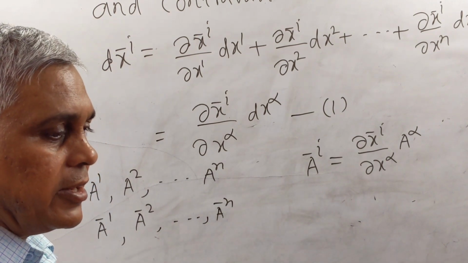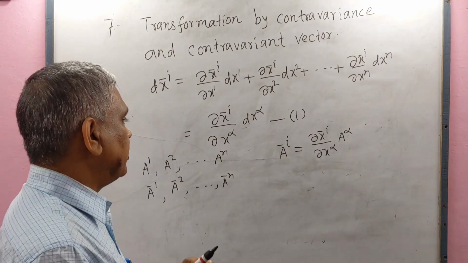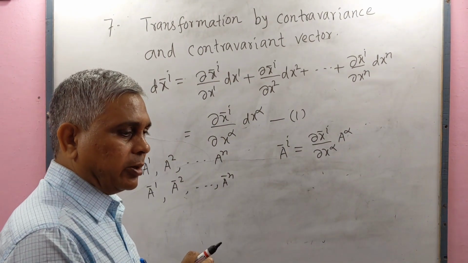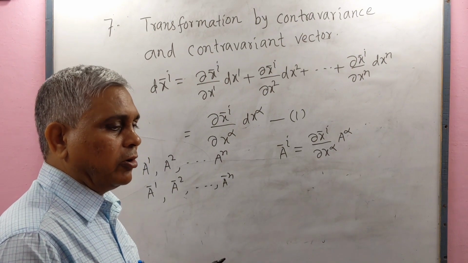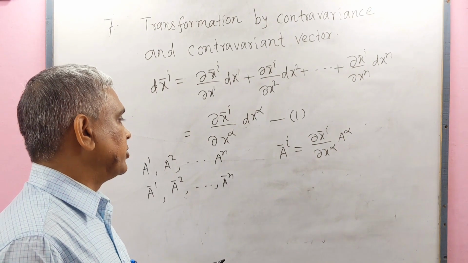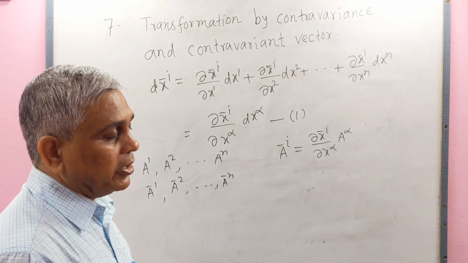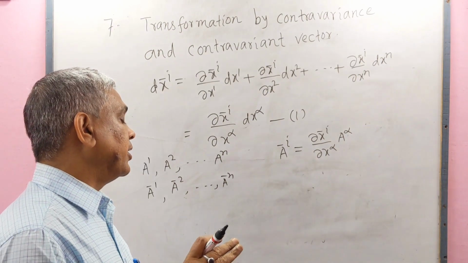A rank-one tensor is called a vector. Here the vector is a contravariant vector, or in terms of tensor, it may be said to be a contravariant tensor of rank 1.